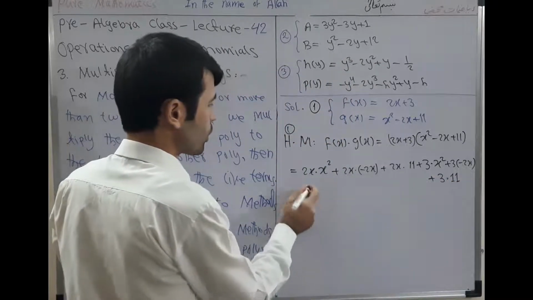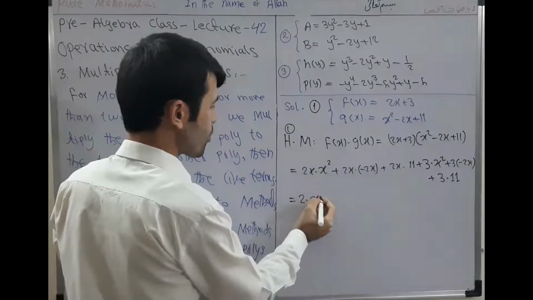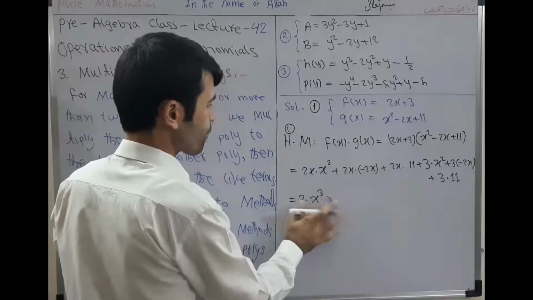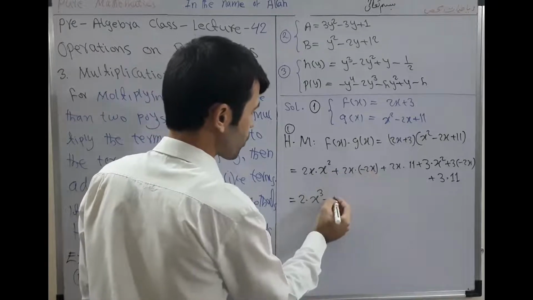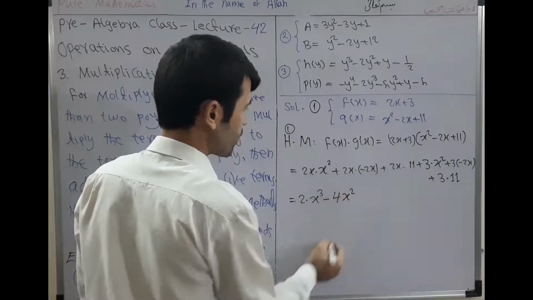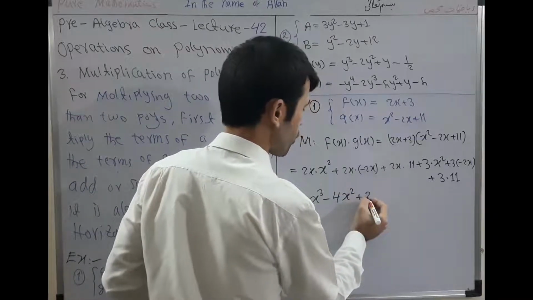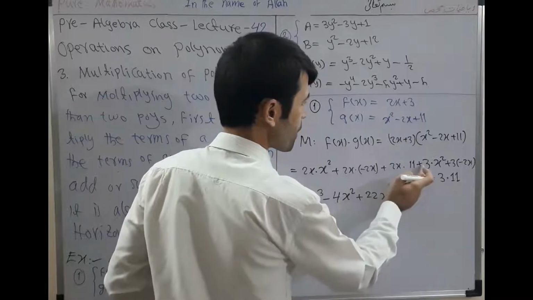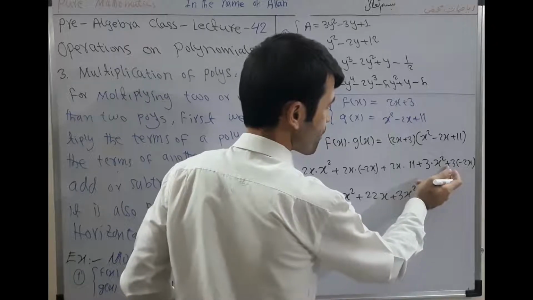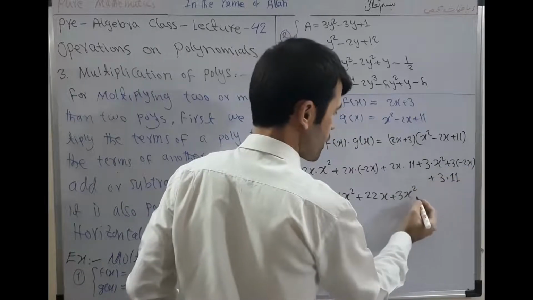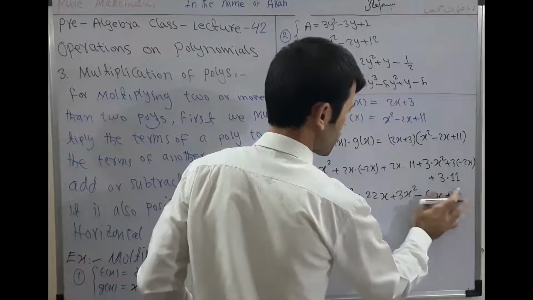It is equal to 2 into x multiplied by x squared, 2x cubed, plus multiplied by minus, minus 2 multiplied by 2, minus 4x squared, plus 2 multiplied by 11, 22x, plus 3x squared, plus 3 multiplied by minus 2, minus 6x, 3 multiplied by 11, 33.